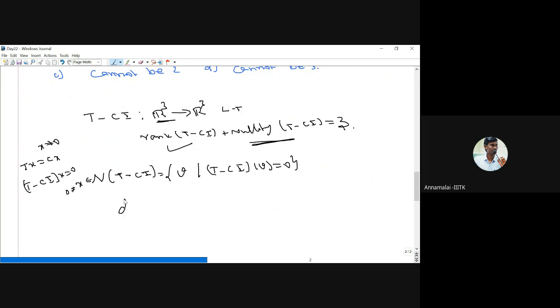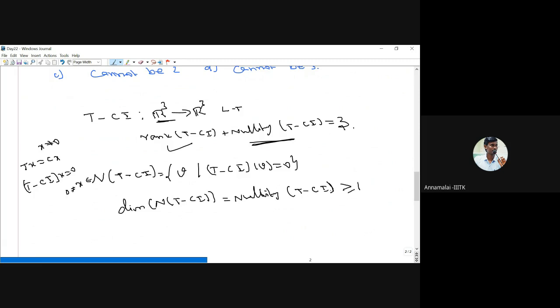Therefore the dimension should be at least 1. We don't know the exact dimension, but the dimension cannot be 0. A subspace has dimension 0 only when it contains just the 0 element, but the null space contains a non-zero element, namely x. Therefore the nullity of the operator T minus cI is at least 1.